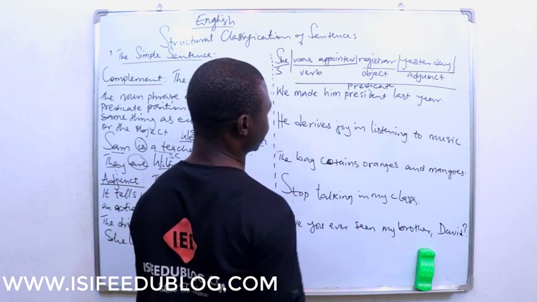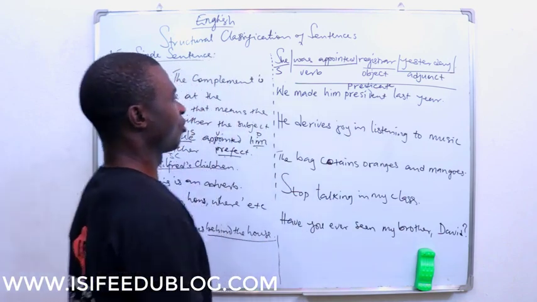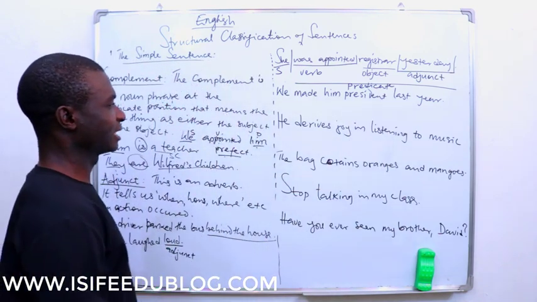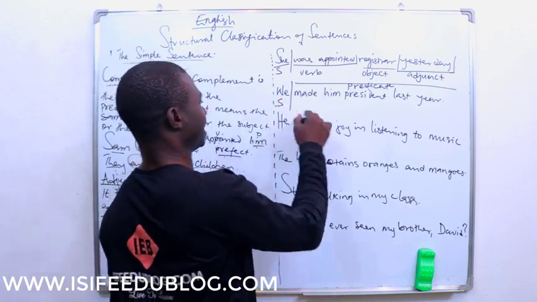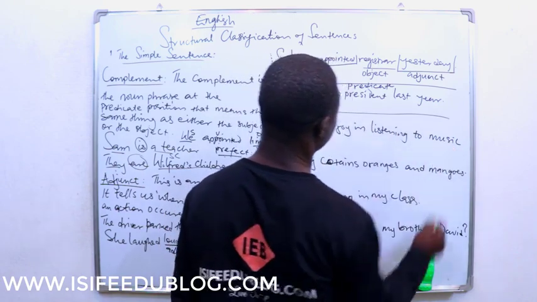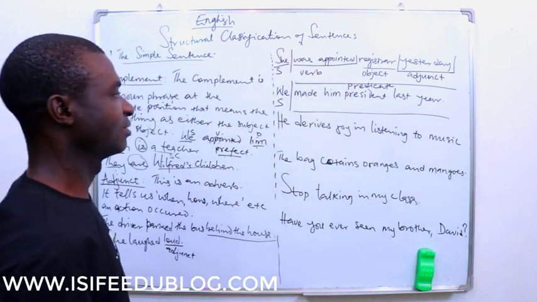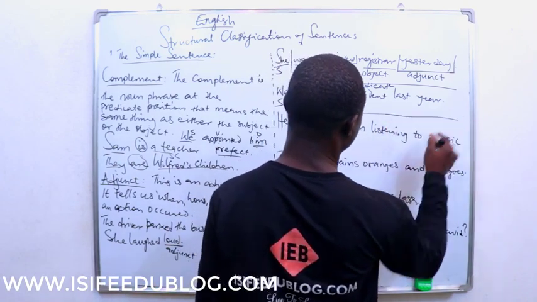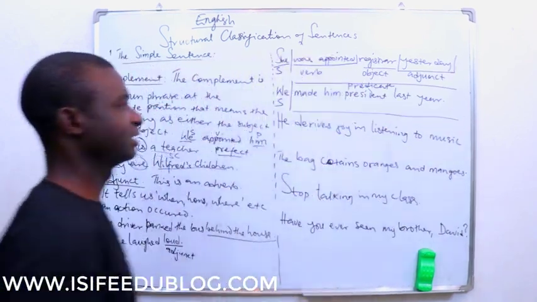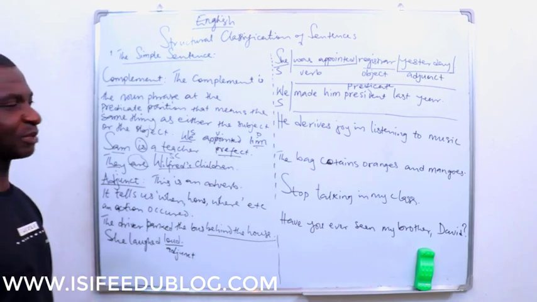We made him president last year. So first, we have subject, and second, we have predicate. Now, looking at the subject and the predicate, let us divide the predicate into separate parts.